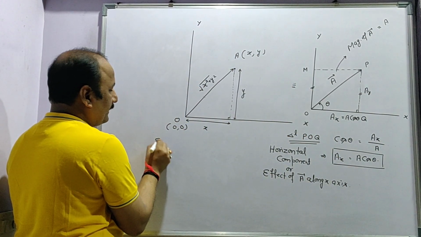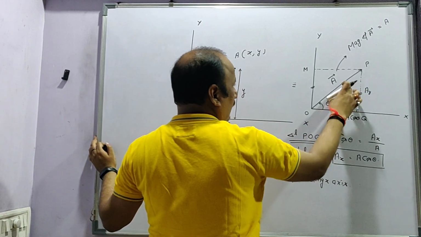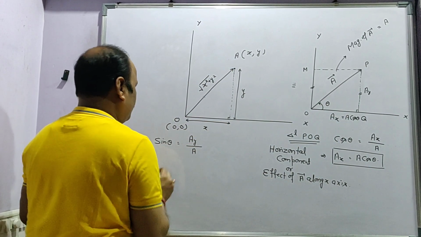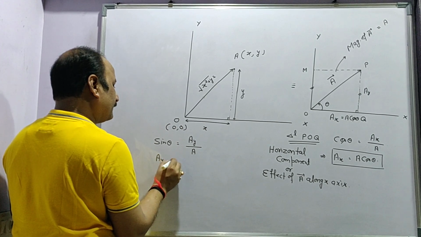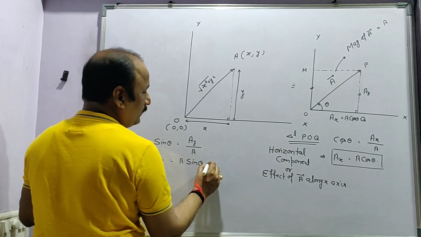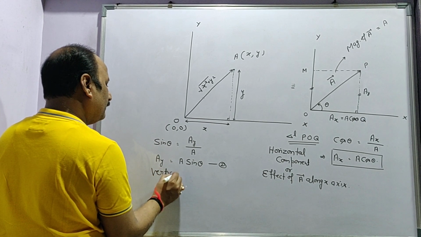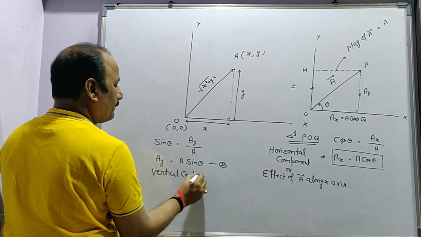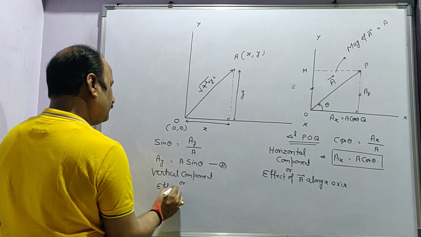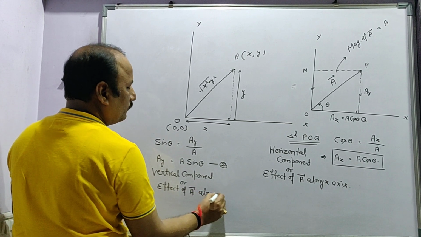So we can write sine of theta is equal to perpendicular upon hypotenuse, that is A along y upon A. So the effect of vector A along the y-axis is A sin theta, and this is called the vertical component, or effect of vector A along the y-axis.